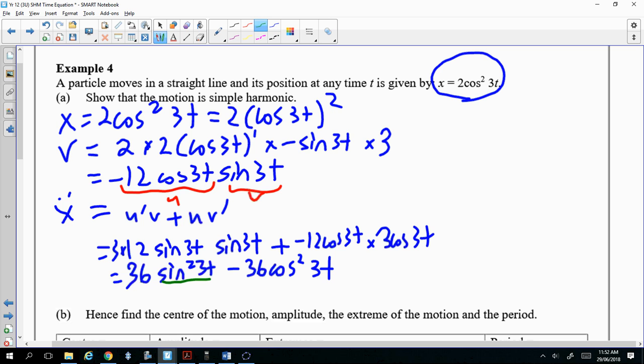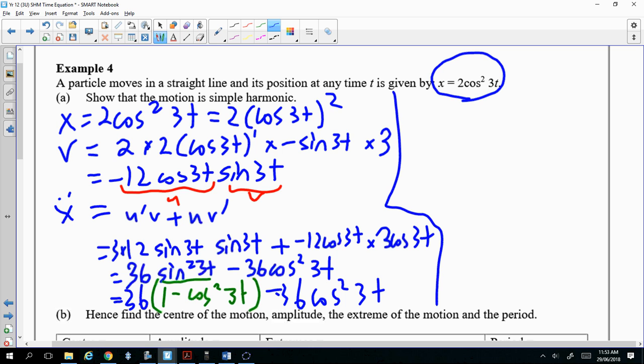So we keep going. That will be x double dot equals 36 minus 36 cos square 3t minus 36 again cos square 3t, which is equal to 72, or 2 times 36 times 2 cos square 3t, which is very long.